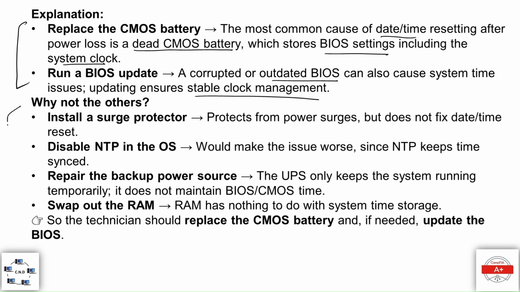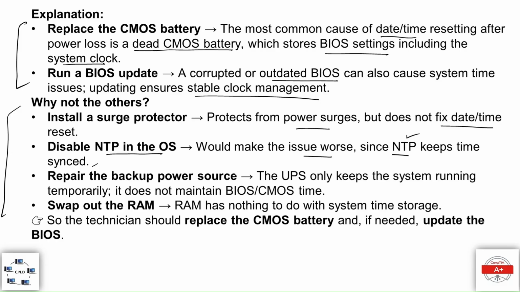So why not the other options? Install a surge protector: it protects from power surges but does not fix the date and time reset. Disable NTP in the OS: it would make the issue worse since NTP, that is Network Time Protocol, keeps time synced.